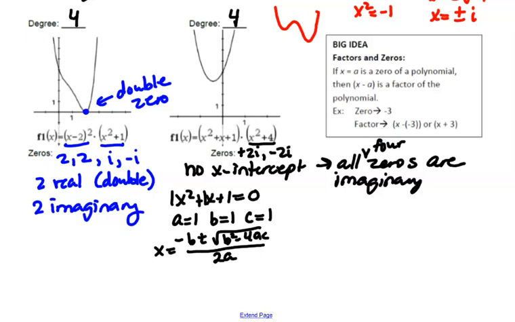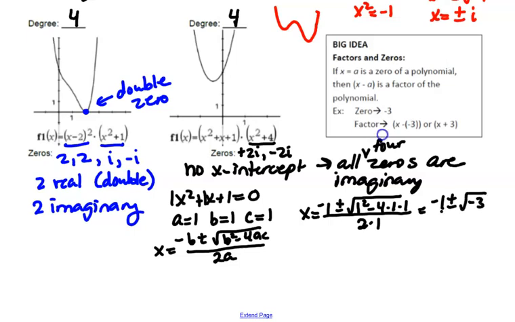Okay, so I'm going to substitute a 1 for a, b and c. So I'm going to have x equals negative 1, plus or minus the square root of 1 squared minus 4 times 1, all over 2 times 1. Which gives me negative 1 plus or minus the square root of 1 minus 4, negative 3, all over 2. Now, the square root of negative 3 is just the square root of positive 3 times the square root of negative 1.